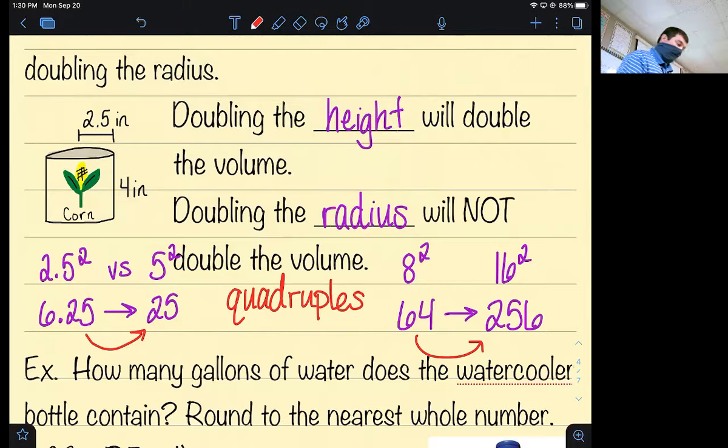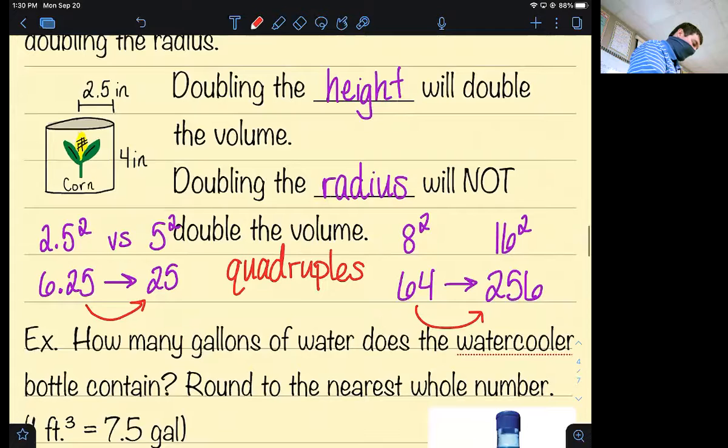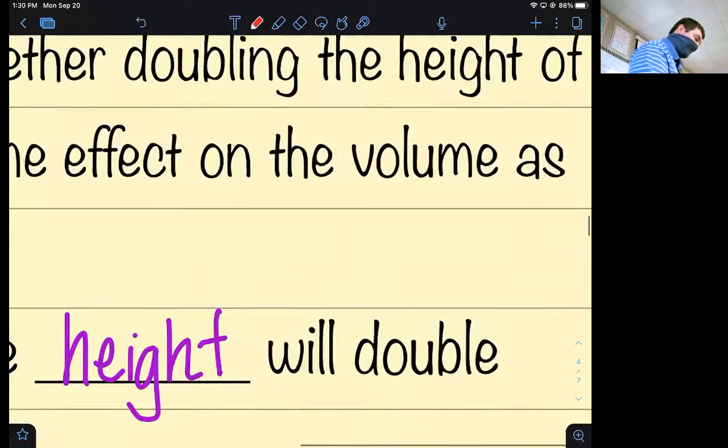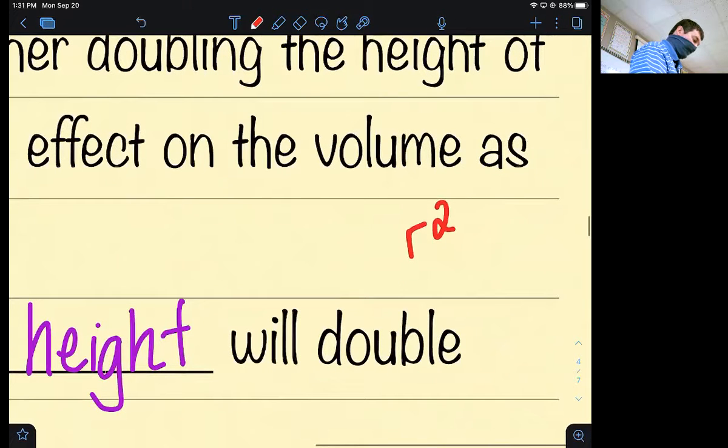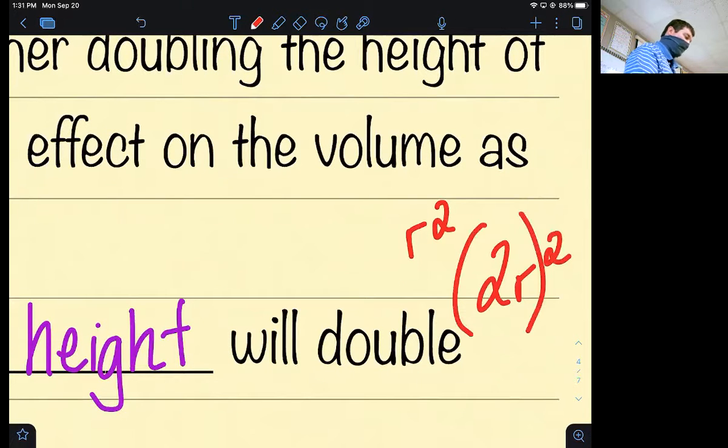The reason for that is because I'm running out of room to write this, but I'm just going to put it right here. If I take r squared and then double it, using parentheses like that, we'll talk about this later this year because we're going to do a lot with exponents.